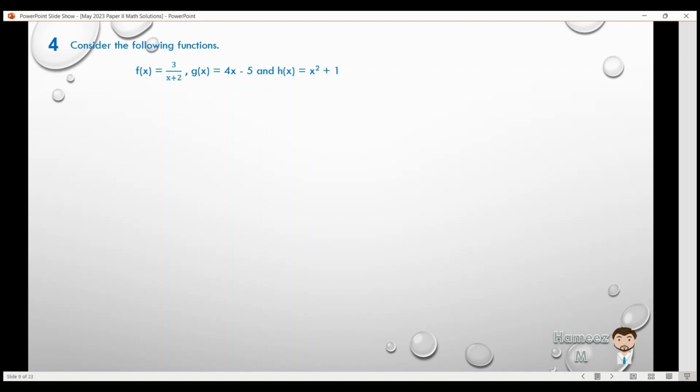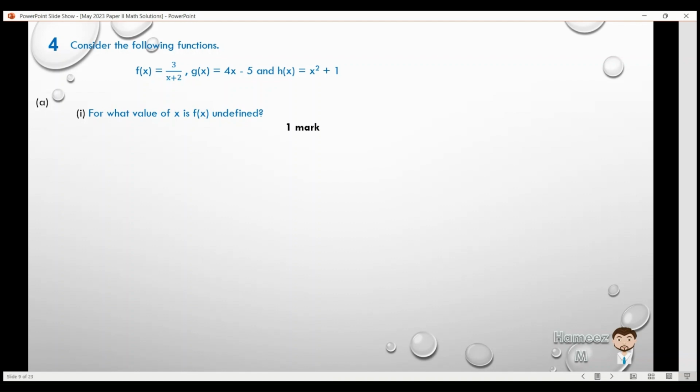So now the question is asking us in part A, for what value of x is the first function, f of x, undefined? Undefined means that when we put a particular value for x in that first function, we will not get an answer.